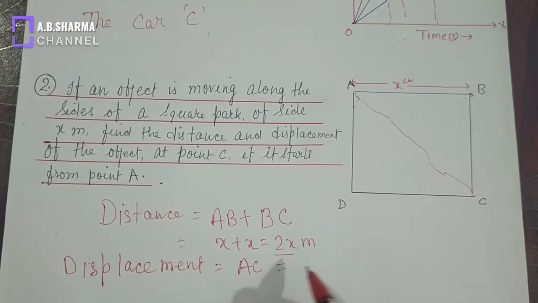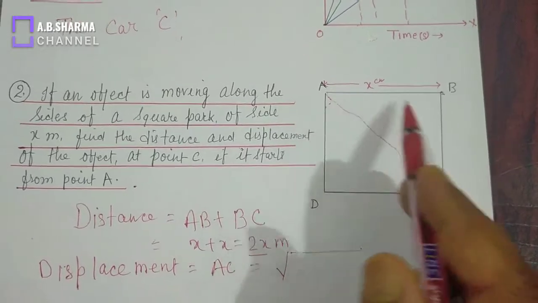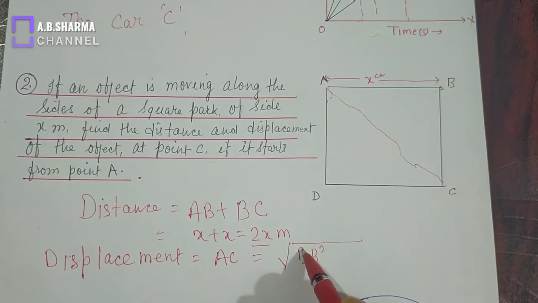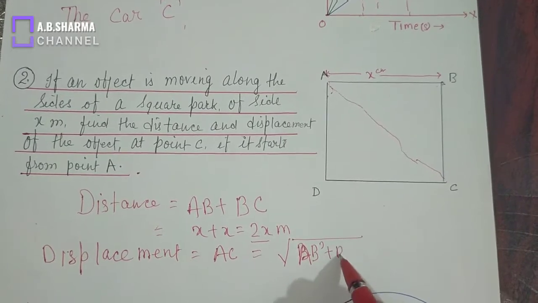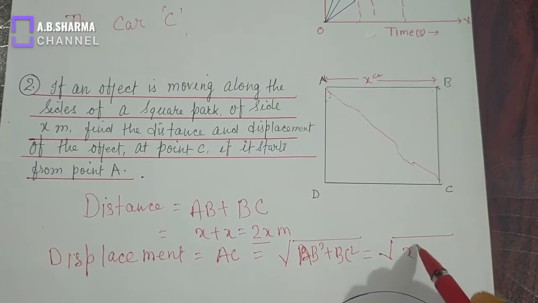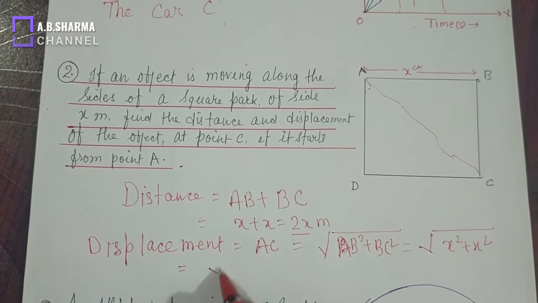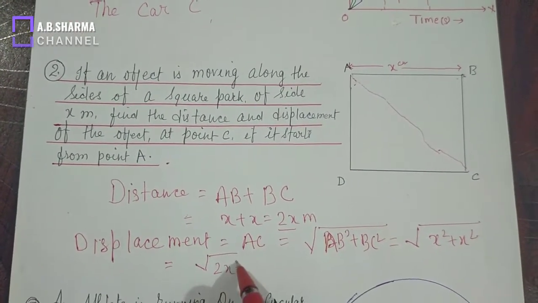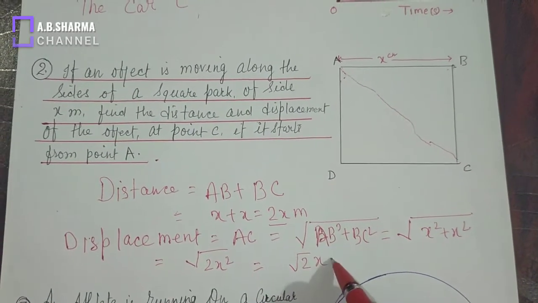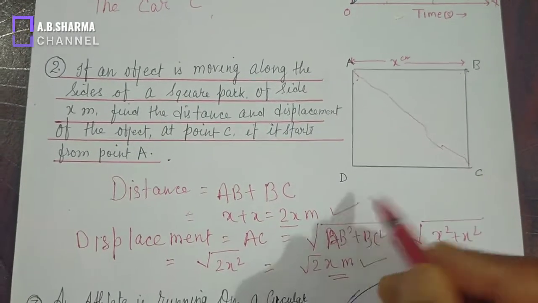Using the Pythagoras theorem, AC equals under root AB square plus BC square, means x square plus x square, which is equal to under root 2x square, or root 2 x meter. So this is the value of displacement and this is the value of distance.